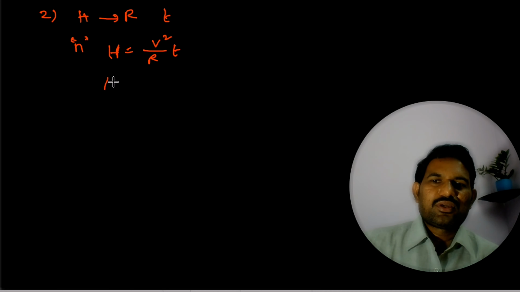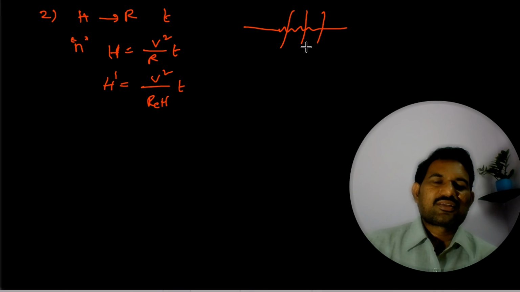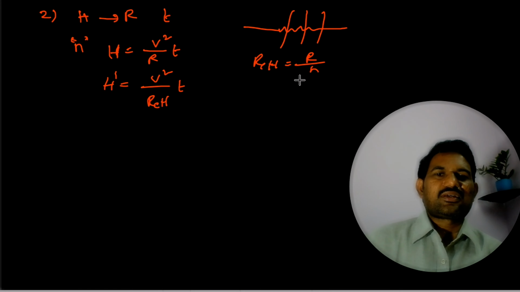Now here this H dash is equal to, again what we can write is V square by R effective into T. Now can you say when you are dividing this resistor into n parts, the resistance of each part will be equal to R by N. We know resistance is directly proportional to length, so the resistance is also reduced to N times here.